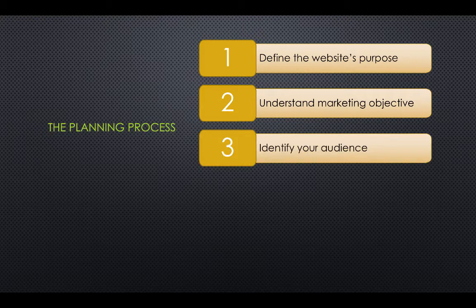The third is identifying your audience, because your website and whatever it is that you've defined in step 1 is not going to be attractive to everyone as much as you would like it to be. There are generally going to be some narrower audiences that are interested in what you have to say on your website. So that being said, think about even a company like Walmart or Target. They're both discount retailers, but they have slightly different audiences.